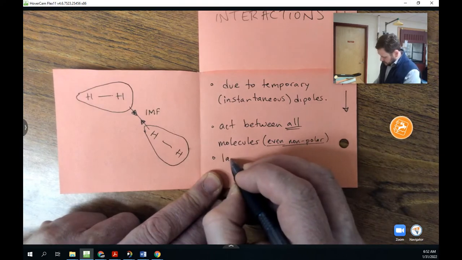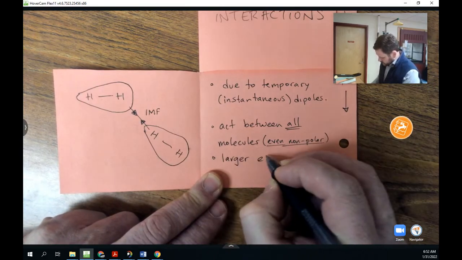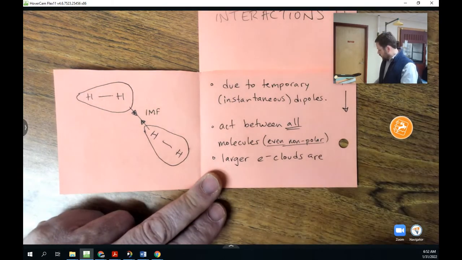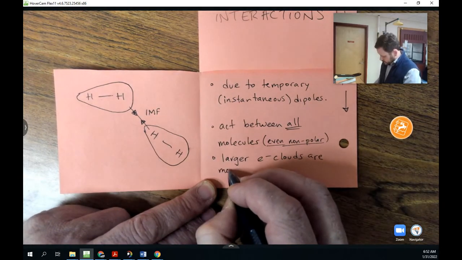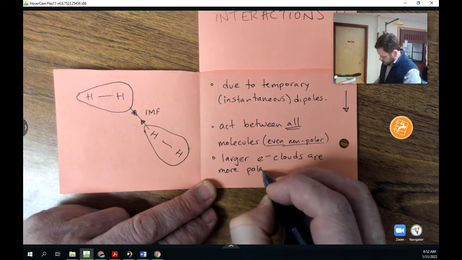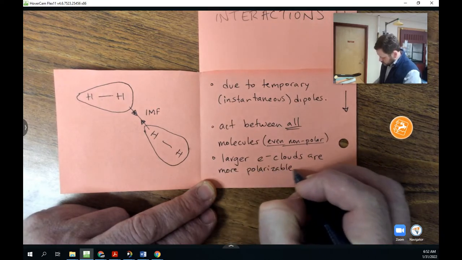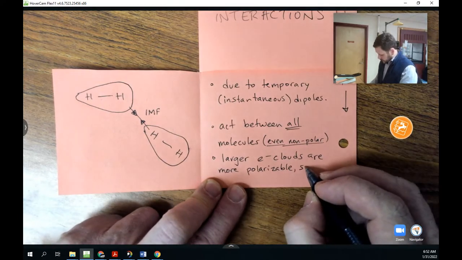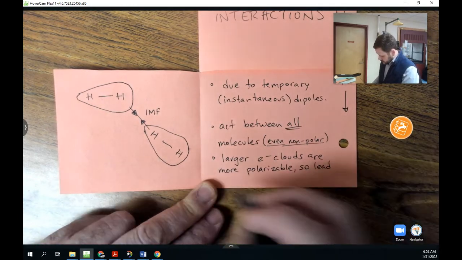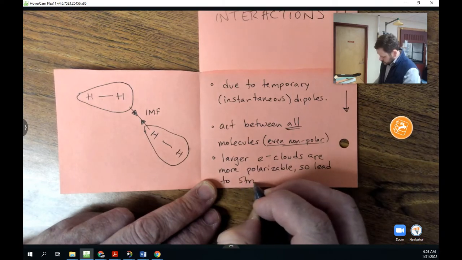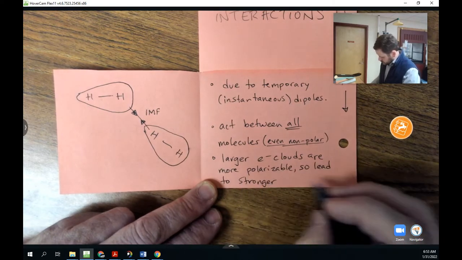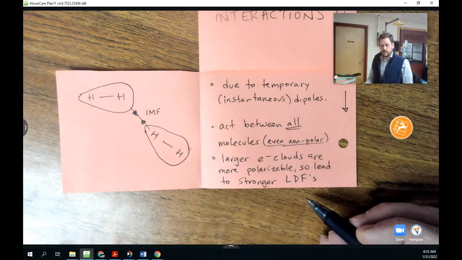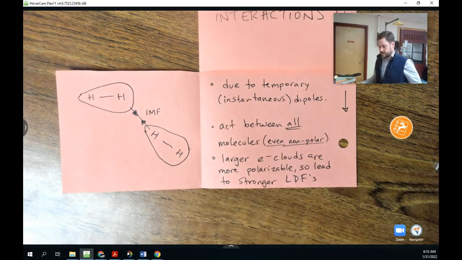So I'm going to write that larger electron clouds are more polarizable, so lead to stronger LDFs. And LDFs is the abbreviation we're using for London dispersion forces.